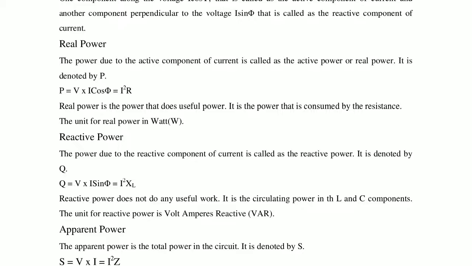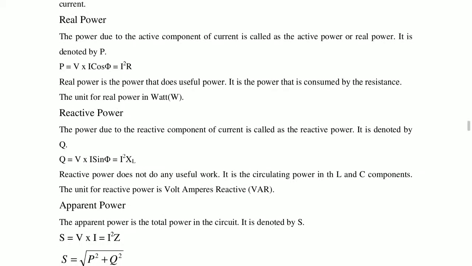Reactive power is denoted by Q, and its units are VAR. So Q is equal to VI sin phi, that means I square XL or I square XC. Here it is a circulating power in the L and C components. The unit of reactive power is volt ampere reactive, VAR.